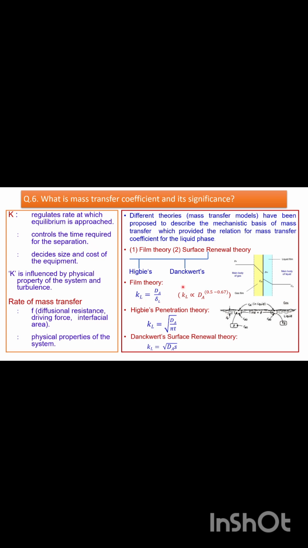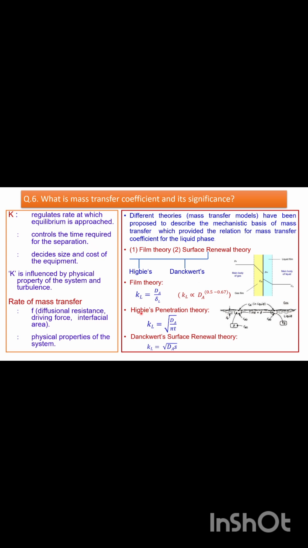From experimental data, it has been indicated that the mass transfer coefficient is proportional to the diffusivity to the power of 0.5 to 0.67, whereas as per film theory, it is directly proportional to the diffusivity. Though it is slightly away from experimental evidence, it is widely used in design calculations due to its simplicity.